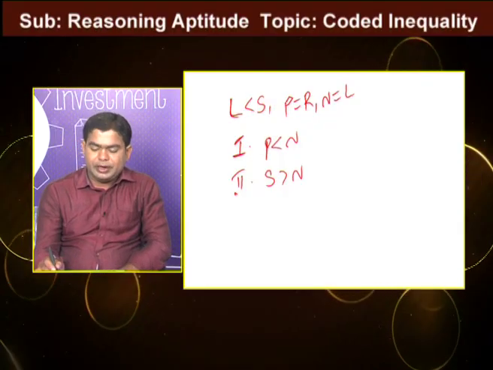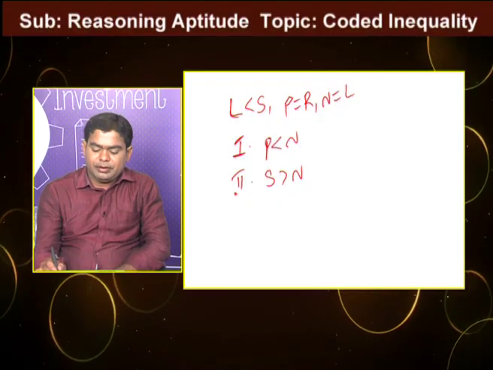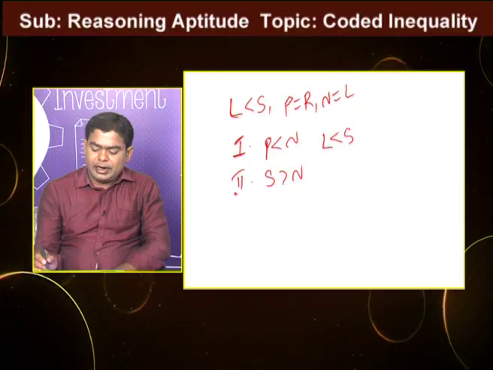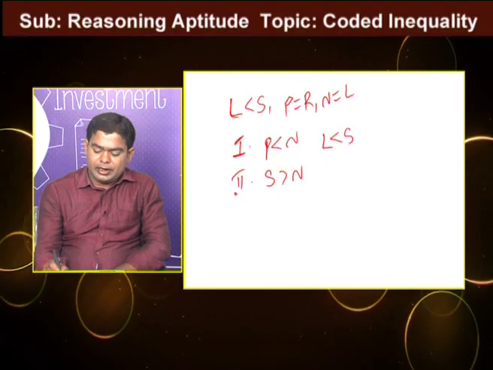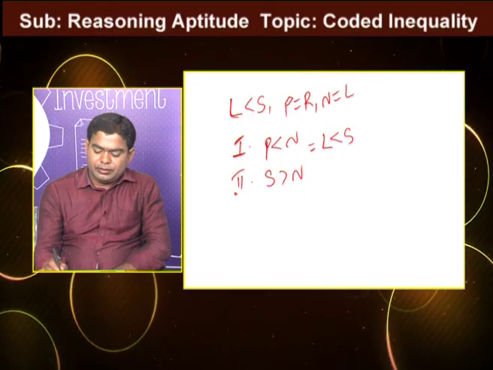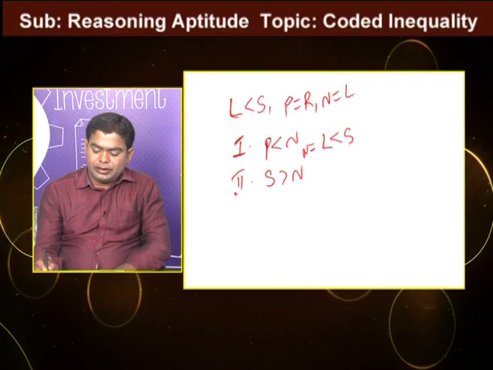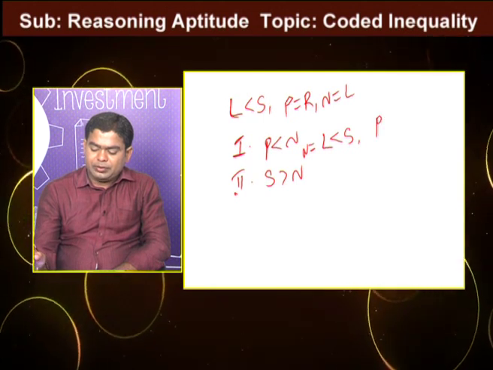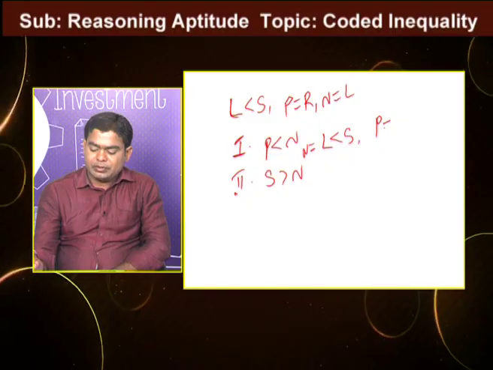First of all, we combine the given statement and verify the given conclusions. L less than S. Again L is related with N, so N equal to L. But there is no relation between P and the remaining terms, N and L; this one is separate.